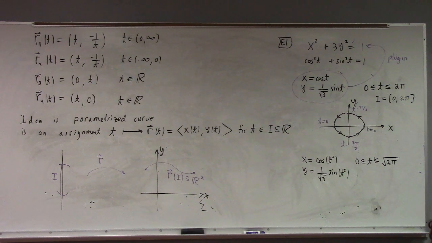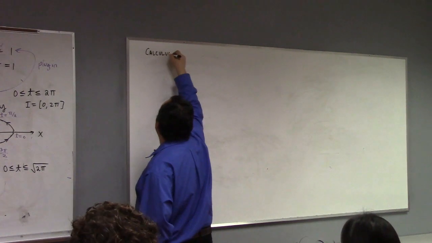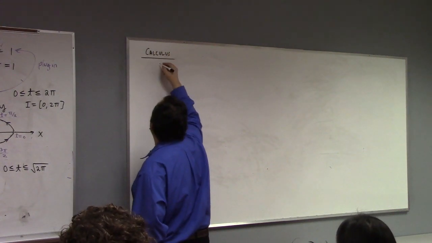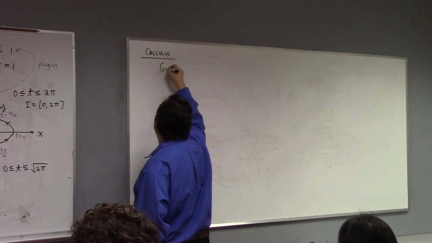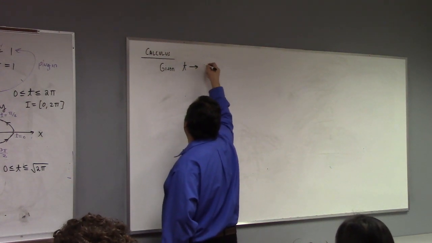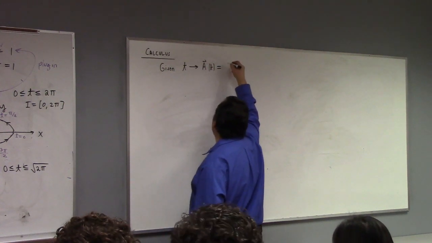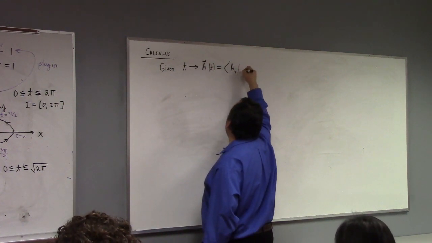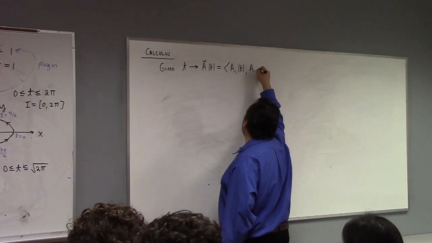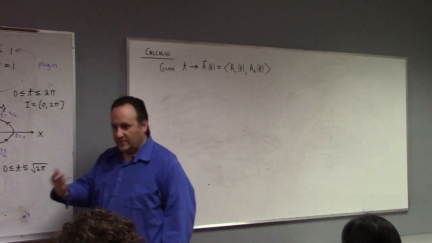But let's see here. Where am I? Oh yes, so calculus. So, given, let's say t maps to a vector a of t. So here we've got a1 as a function of time, a2 as a function of time, all right? So what is this?